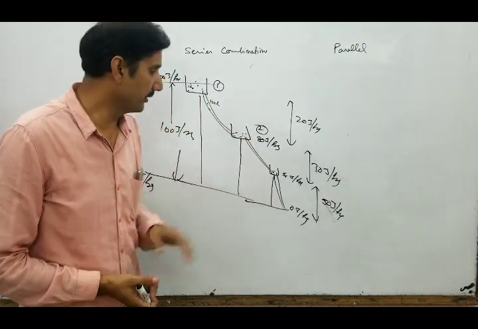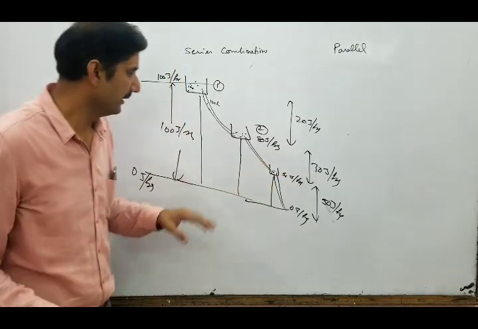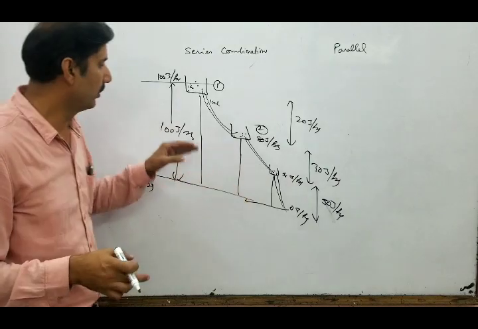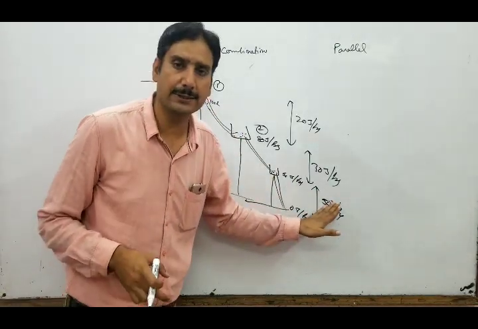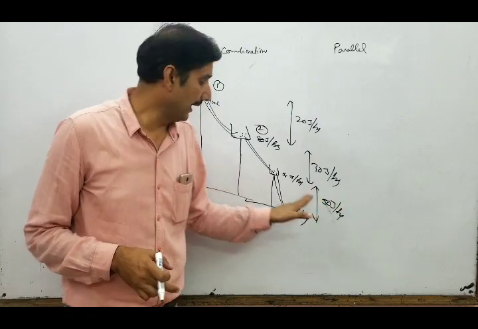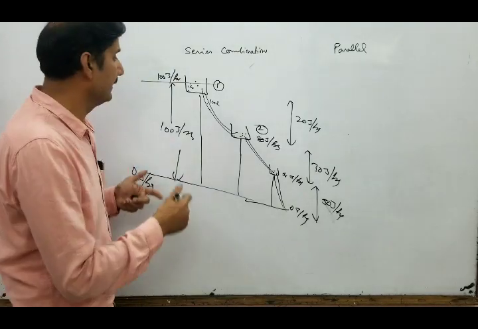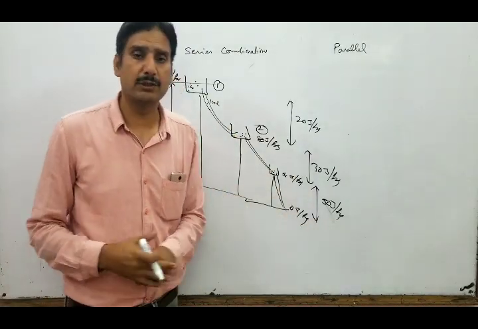But if I say that 100 liters of water was flowing through this pipe, what is the amount of water flowing through this pipe? I'm assuming everything is already saturated. This means that this tank is full, so it cannot hold on to more water. If 100 liters flows in, the 100 liters flows again to the next tank, and then again the 100 liters flows to the ground level. That means the amount of water flowing across these pipes would be the same.